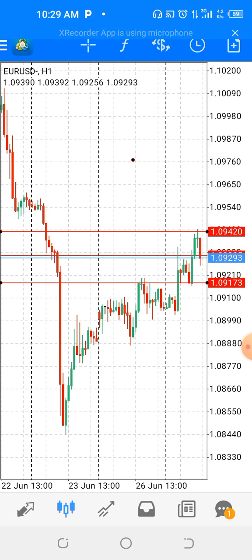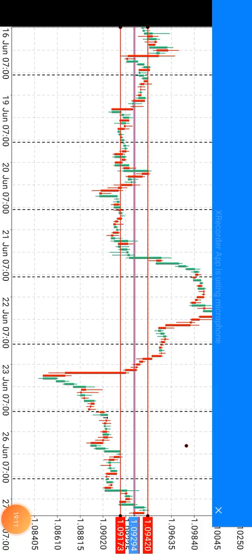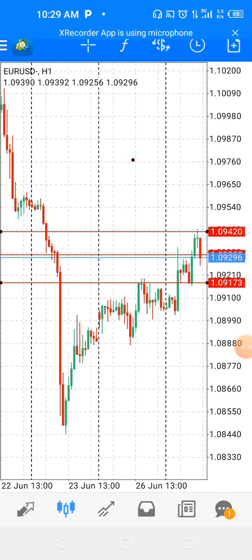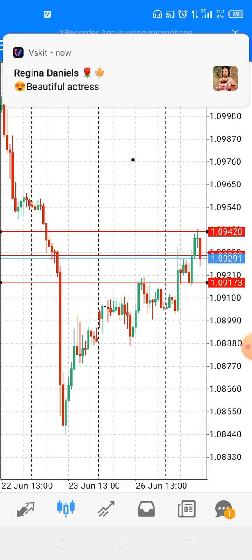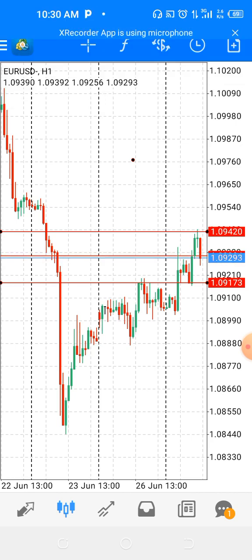You subtract 1.09420 from 1.09173. It will give you about minus 30 something if you do the calculation, meaning that you are putting your stop loss at 30 something pips. Okay, this is how you calculate your pips.